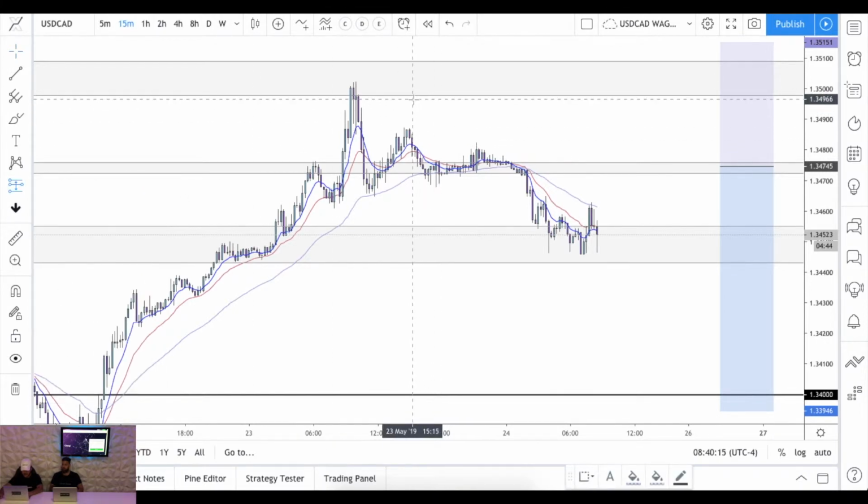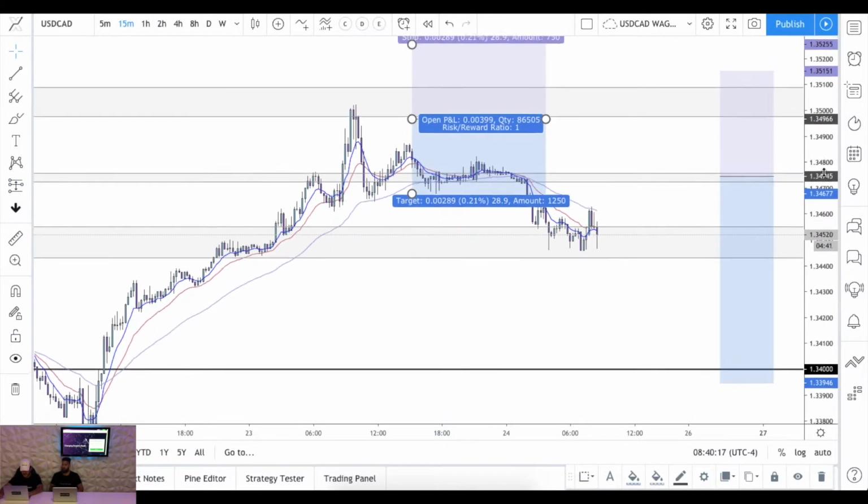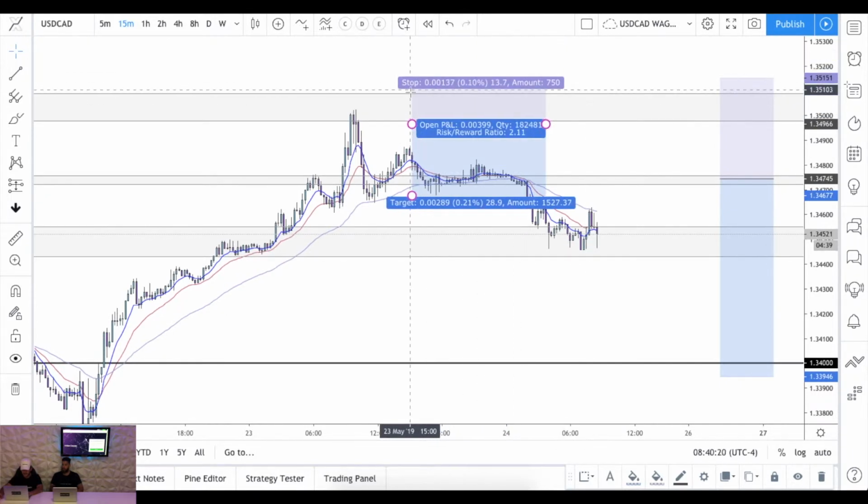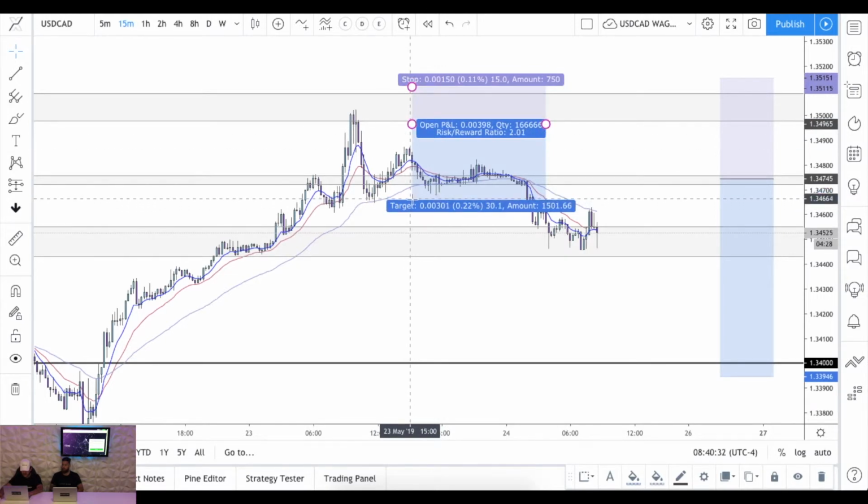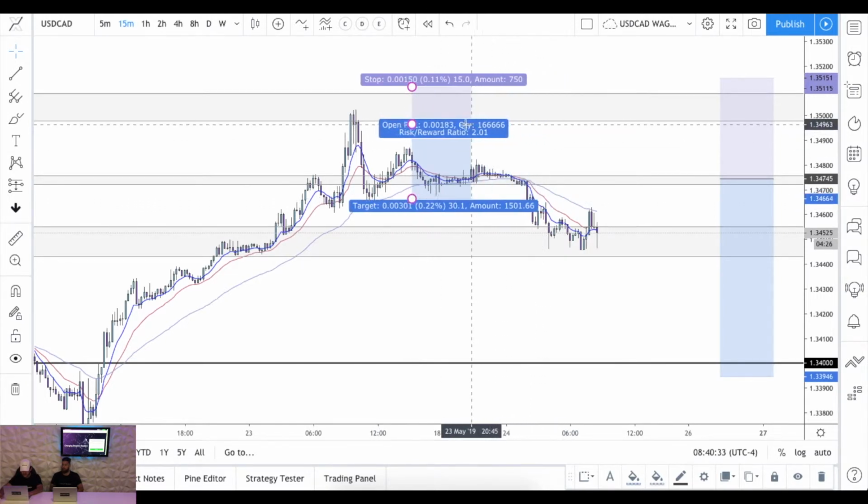I entered the market on a 15 minute time frame based off my top-down analysis. I entered with 15 pips of stop loss only, and I was able to catch 30 pips of take profit.